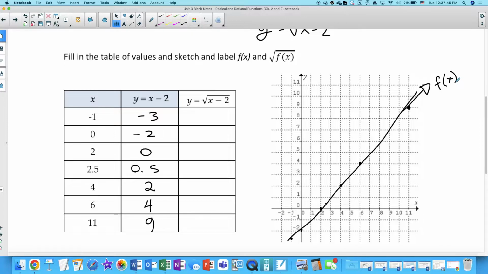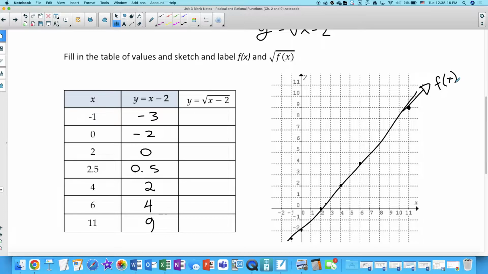Okay, now what we're going to do to get a table of values or some points that we can plot for the square root of the original function is work from the table of values, right? So, for example, when x is negative 1, this should be the square root of negative 3. So talk to me about that. Yeah, we can't take the square root of a negative number, or we get a non-real or imaginary number, which is beyond the scope of this course.